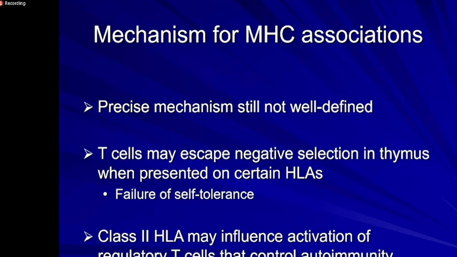But we also think that HLA class 2 genes may influence the activation of regulatory T cells, which will be present and will encourage the autoimmune conditions. But the overriding factor, we don't know what happens.